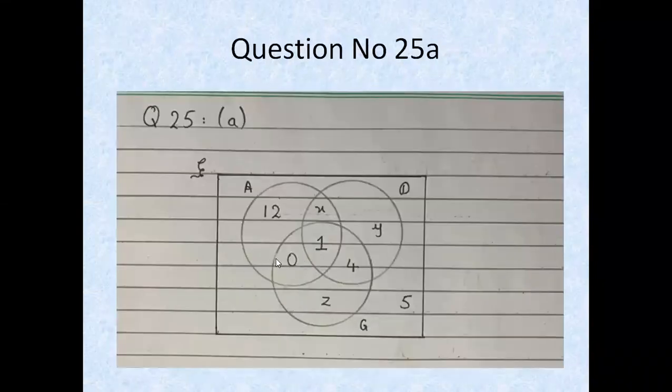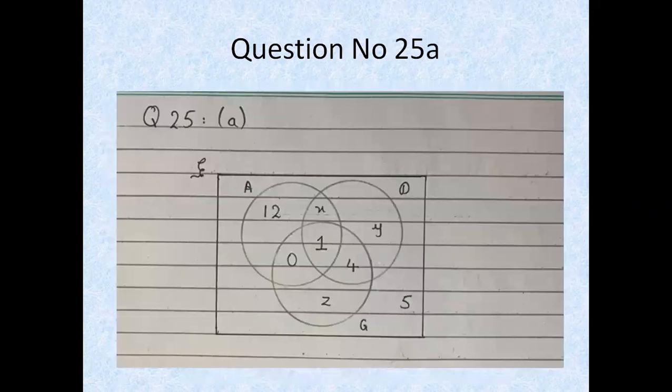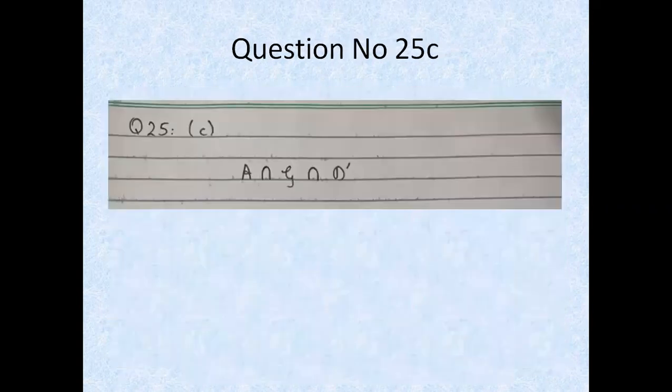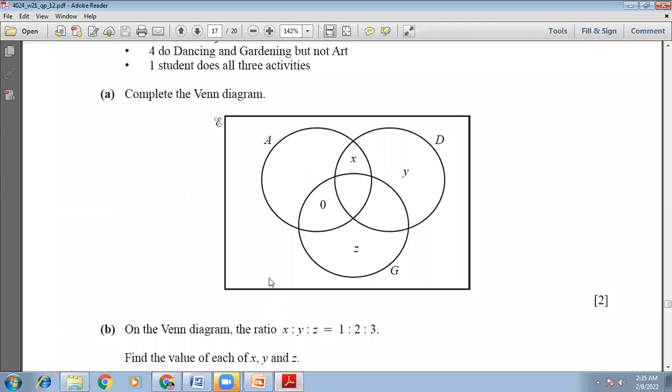D complement intersection A intersection G, sorry. That's the first part.